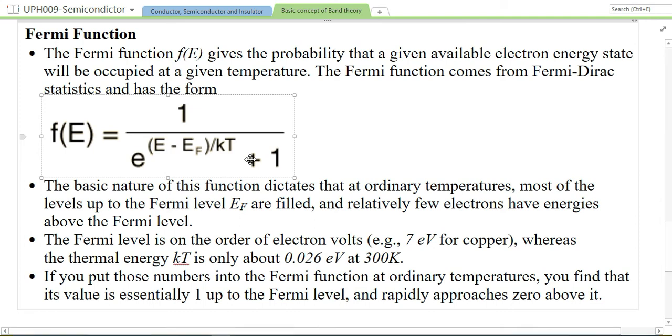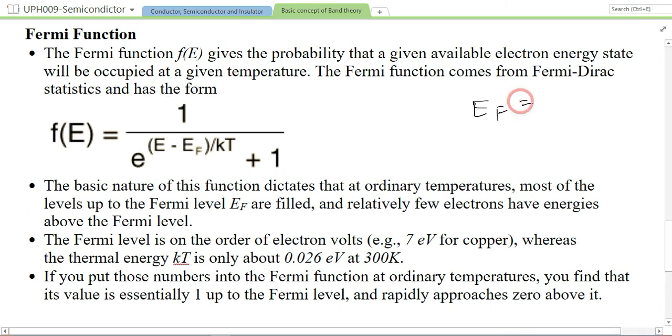And how do you understand it? Let's say a particle is trying to be at an energy level which is lower than the Fermi energy level, so E is lower than EF. Then E minus EF would be some negative number. Let's say, just for example, EF is 1 electron volt, and E is less than EF, let's say 0.5.